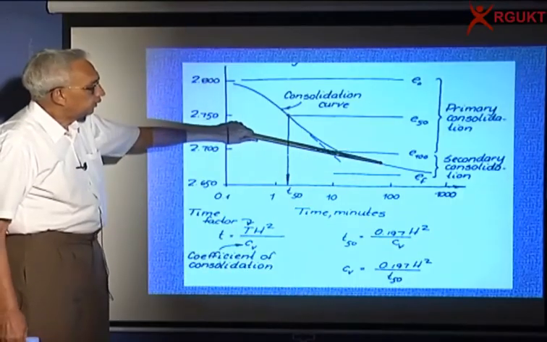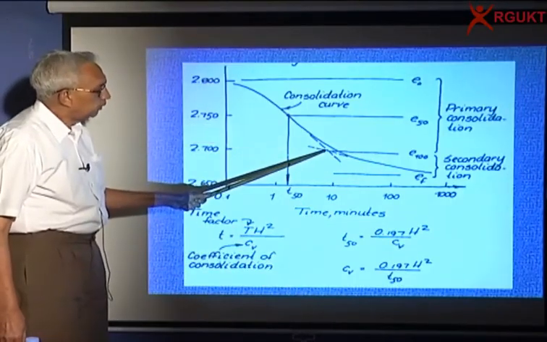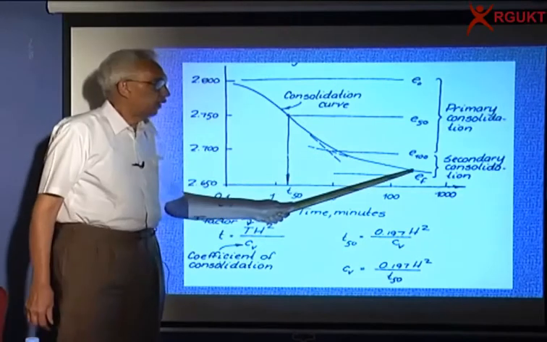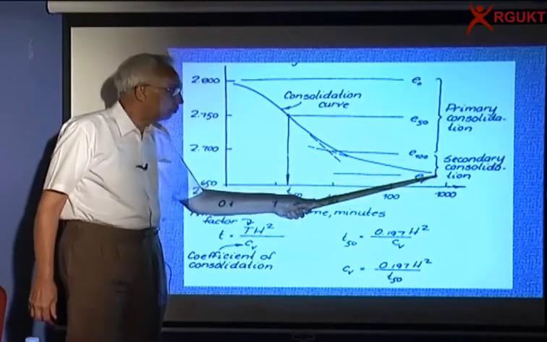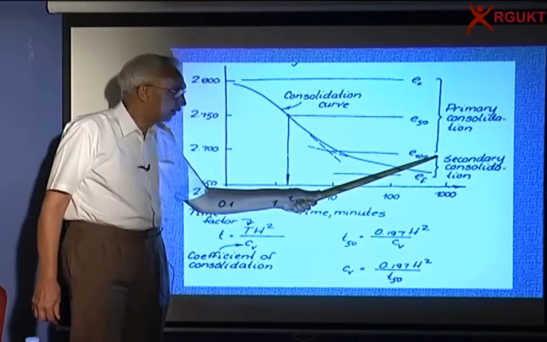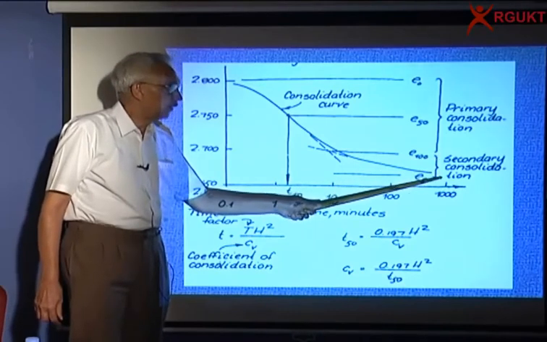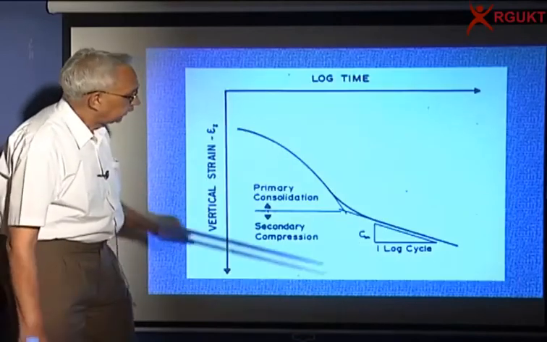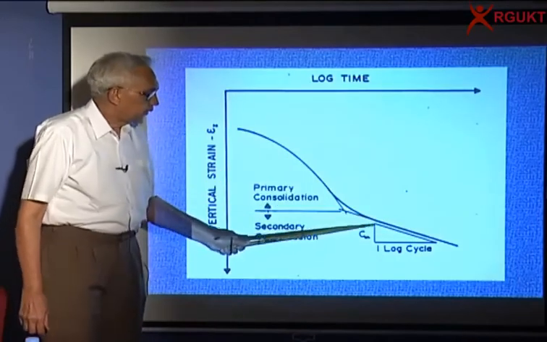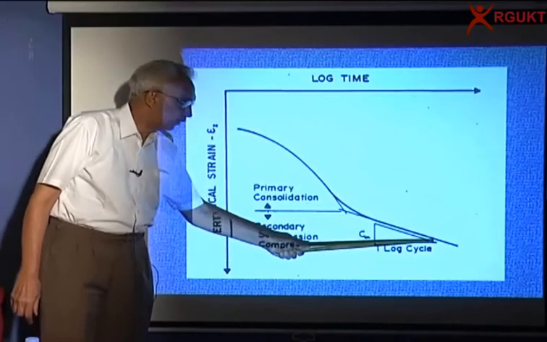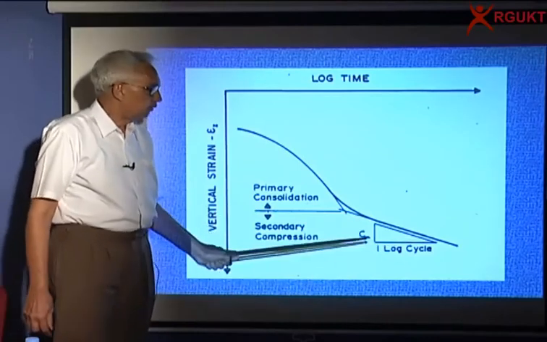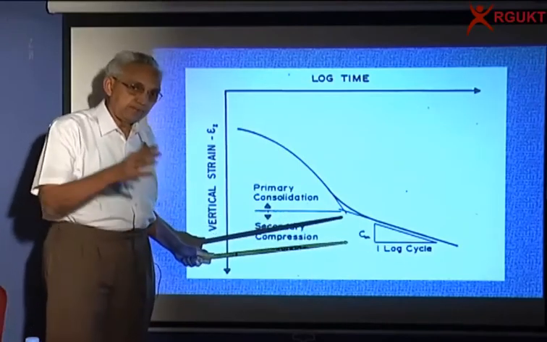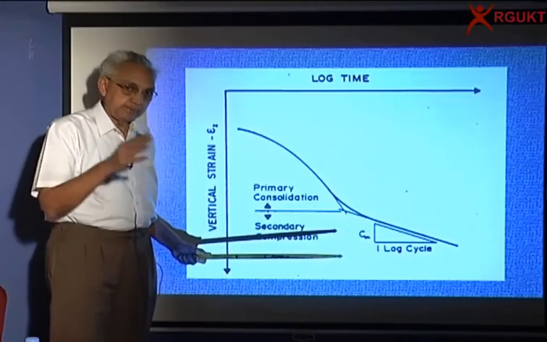We were saying that even though 100% primary is over, the soil continues to deform. So this part beyond e100, or 100% compression, is called secondary consolidation. We define the slope of that as C alpha, the settlement over one log cycle of time. What is that log cycle? 1 hour, 10 hours, 100 hours, 1000 hours.